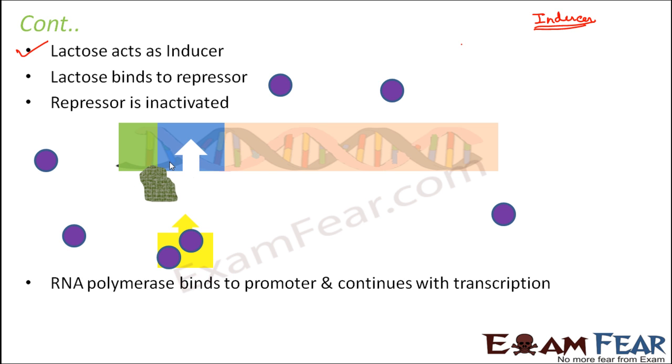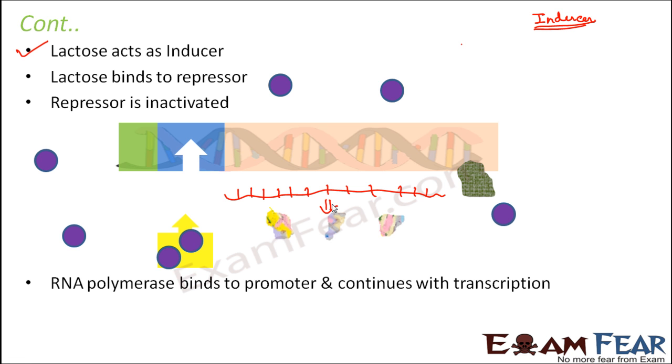The path is all clear for RNA polymerase. So RNA polymerase will quickly bind to the promoter, and then it will continue with the process of transcription. Now as soon as it continues with transcription, what will happen? A strand of mRNA will be synthesized, and this mRNA in turn will help in the synthesis of the proteins, and the proteins are nothing but the enzymes which we spoke about: galactosidase, permease and transacetylase.